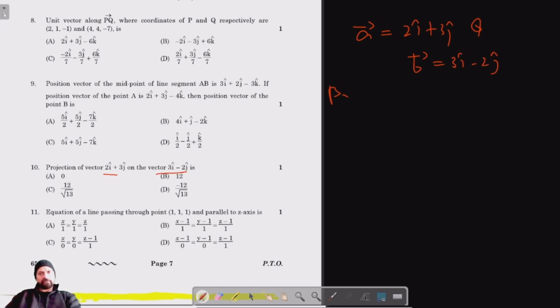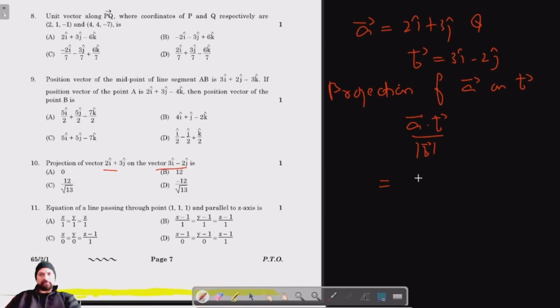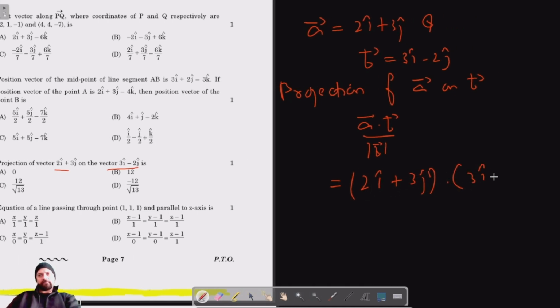Now the projection of A on B is given by A dot B divided by the magnitude of B. Let's put in the respective values: 2i cap plus 3j cap dot product with 3i cap minus 2j cap, divided by the magnitude of B, which is under root 3 square is 9 plus minus 2 square is 4.